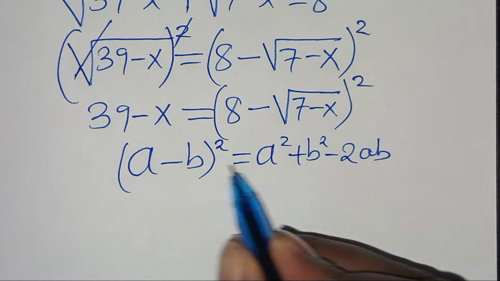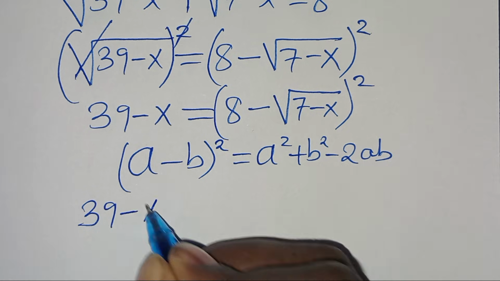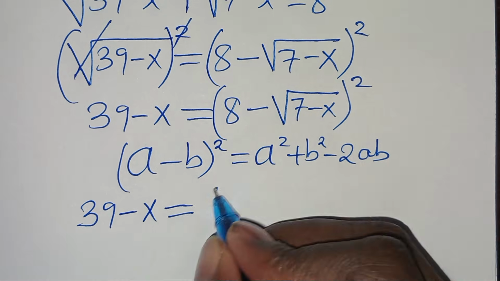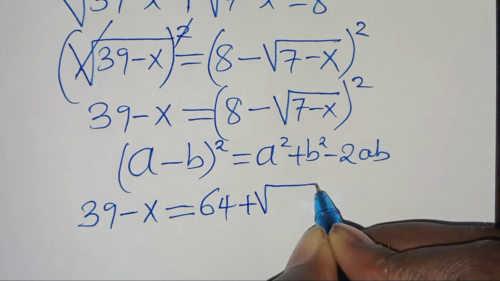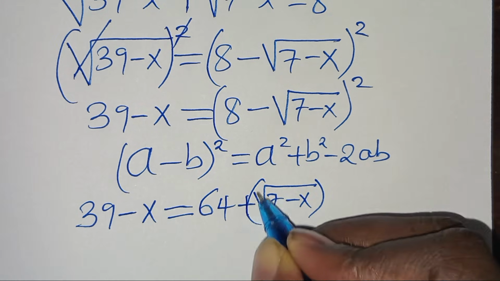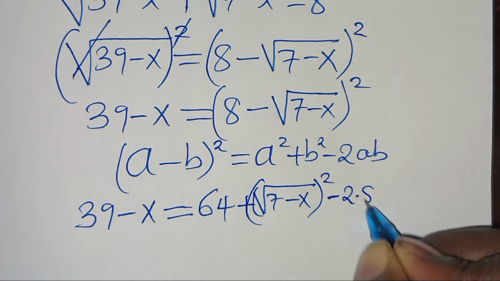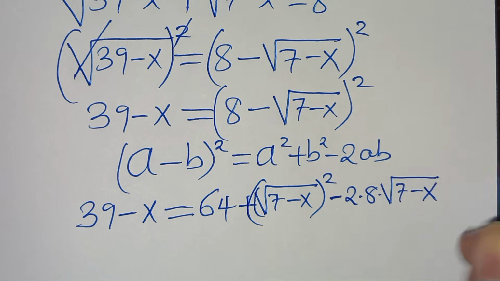Applying this algebraic identity, here we have 39 minus x equal to 8 squared, this is 64, plus the square root of 7 minus x squared, then minus 2 times 8 multiplied by the square root of 7 minus x.